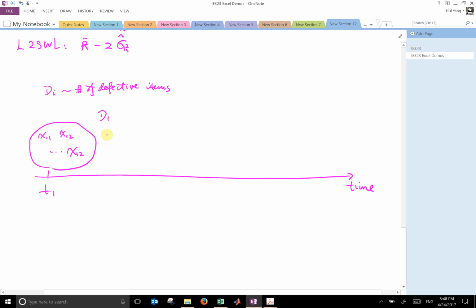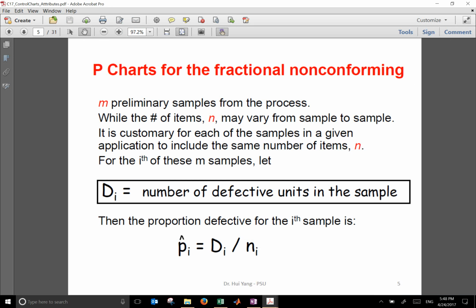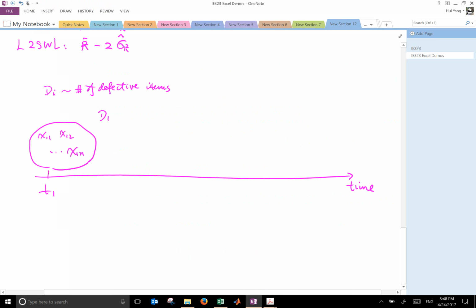And we have n in total, so we have N1 samples in total. The fractional non-conforming, the proportion of non-conforming, will be D1 over N1.